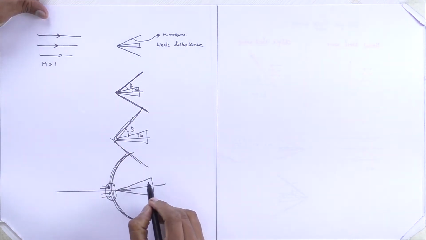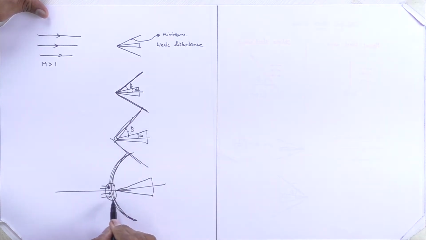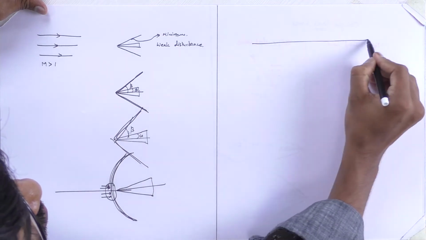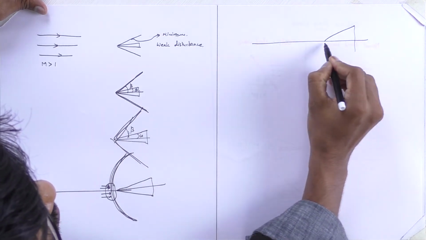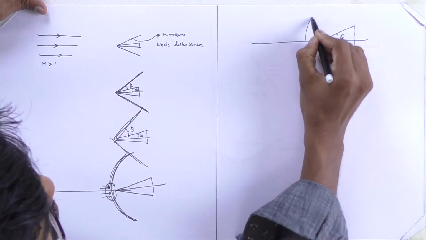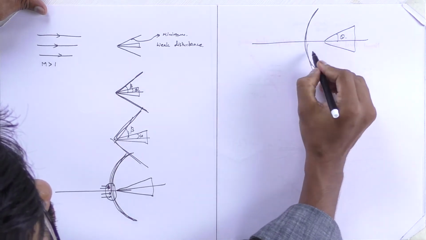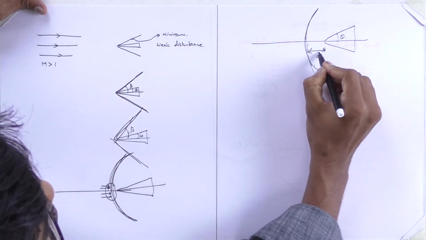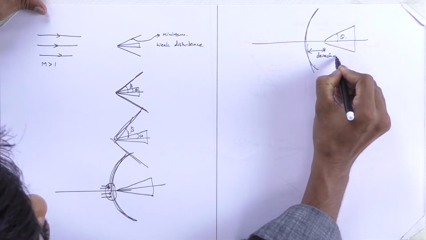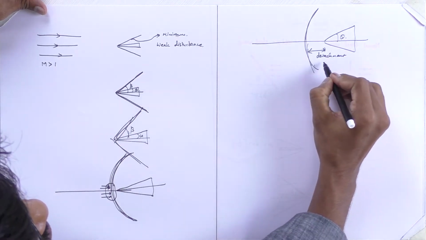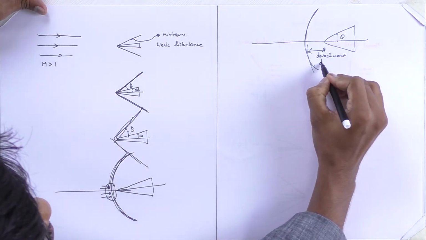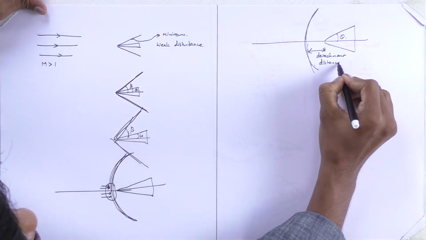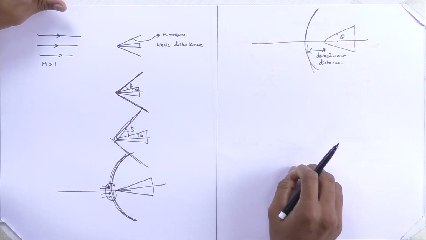If we further increase the theta value, this wave will become detached from the body. So the shock wave detachment distance will be more if we increase theta further.